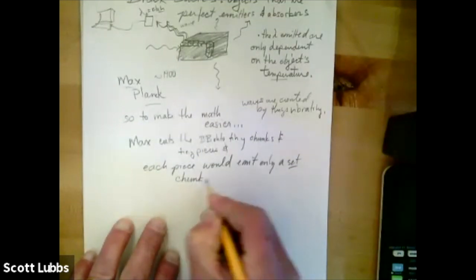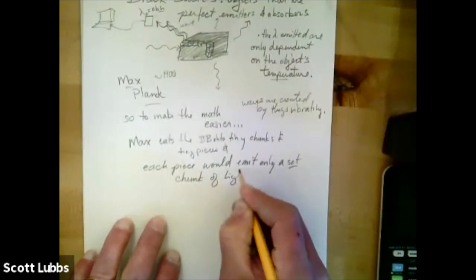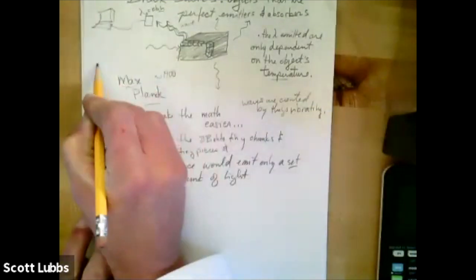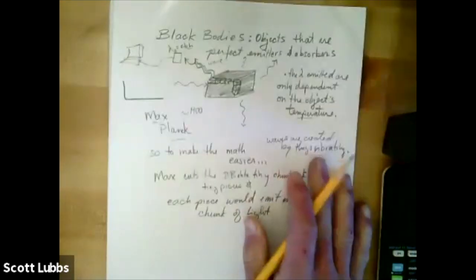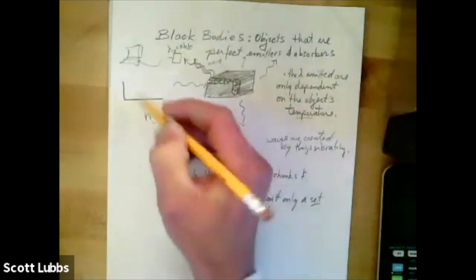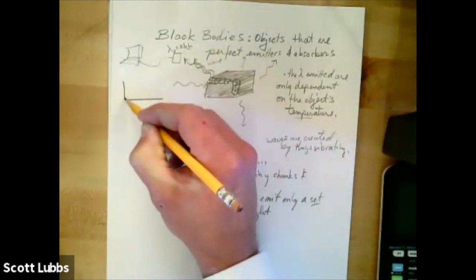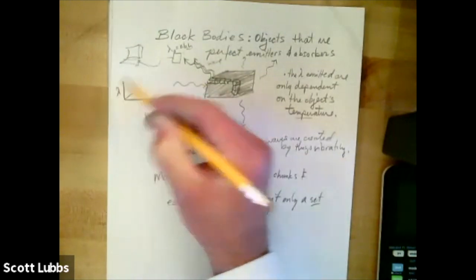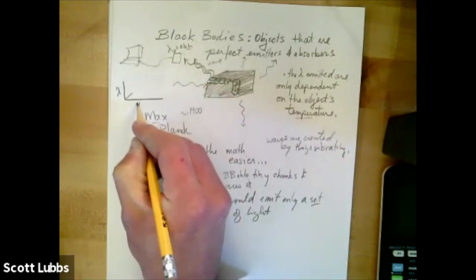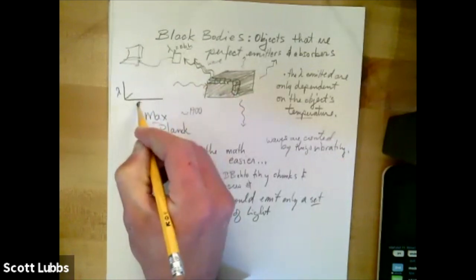chunk of light. Because remember, the spectrum that's coming off of here from our Maxwell curves comes out, here's our wavelength, and here's the number, the power, I guess, probably intensity.